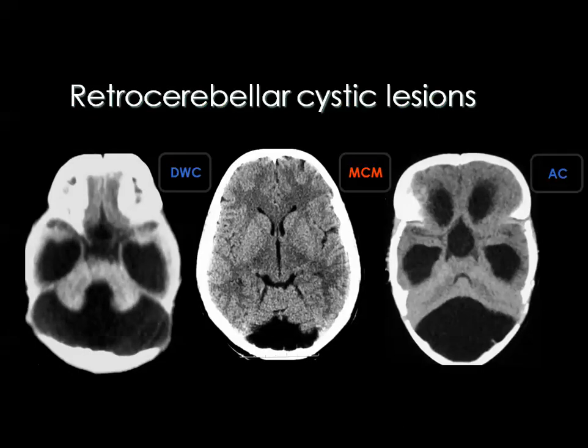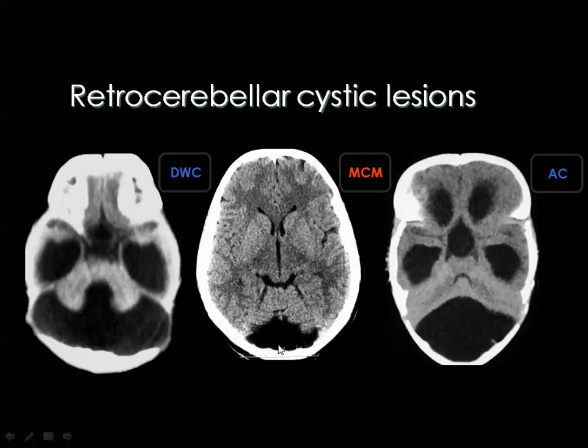And here are the three major anomalies. Dandy Walker malformation: the posterior fossa is large, and the retrocerebellar cyst is directly communicating with the fourth ventricle through the aplastic vermis. The cerebellar hemispheres are hypoplastic, and there is usually supratentorial hydrocephalus. In cases of megacisterna magna, there is a cyst posterior to the cerebellum.